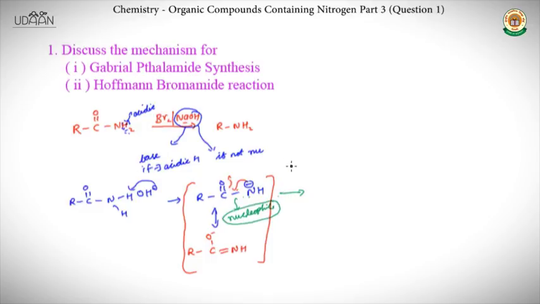Now you have bromine in the mixture, Br2. Now this nitrogen attacks this bromine, leading to the departure of the other one.